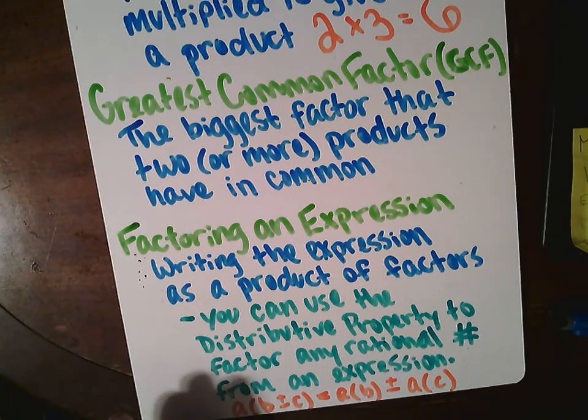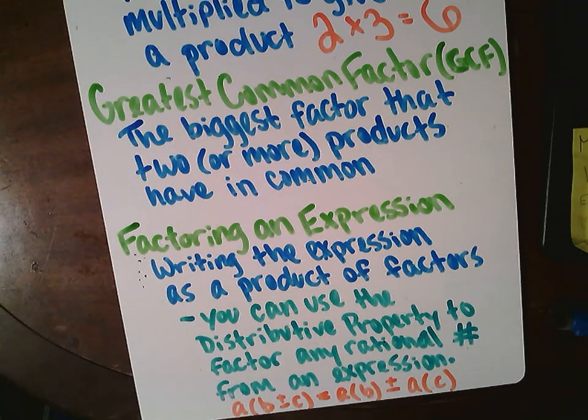But when you're factoring an expression, little note here, you can use the distributive property to factor any rational number from an expression. And we'll see how that's done. I just gave you the distributive property down here one more time, just in case you don't have it written down. Right here where I have a plus and a minus, that's my shorthand for writing both the addition and the subtraction rule at the same time.